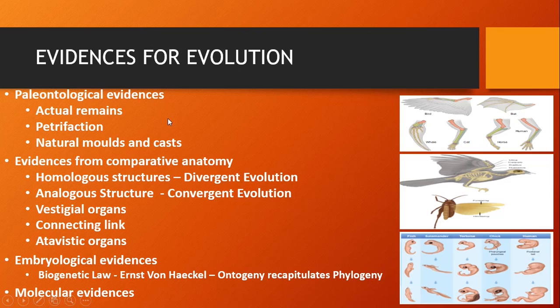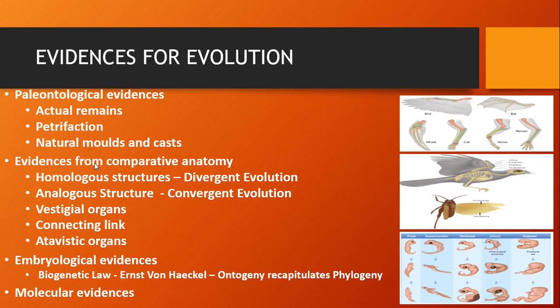The fossils are formed in three ways: actual remains, petrifications, and natural molds and casts. Later on we see the diagrammatic representations for these evidences. Then evidences from comparative anatomy: homologous structure, analogous structure, vestigial organs, connecting link, atavistic organs comprise the evidences of comparative anatomy.